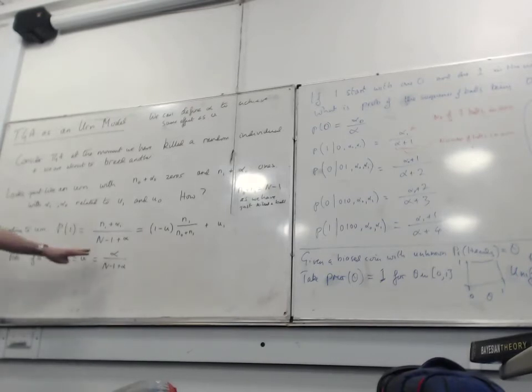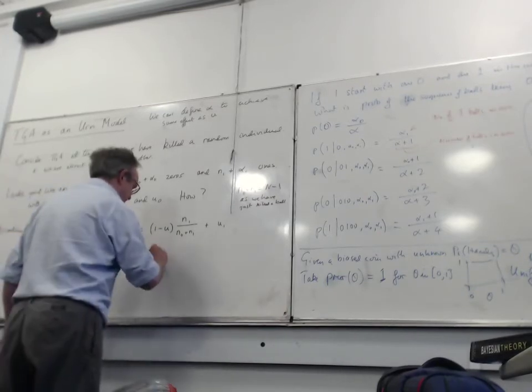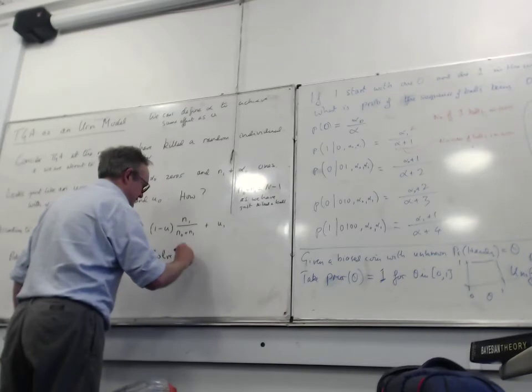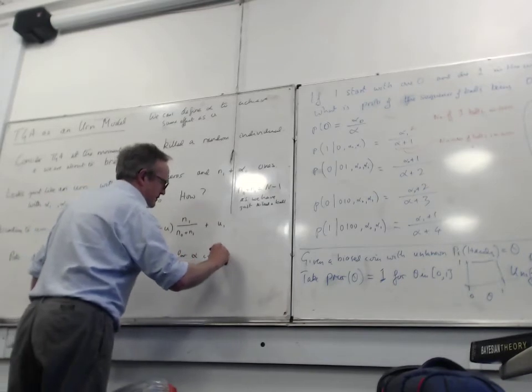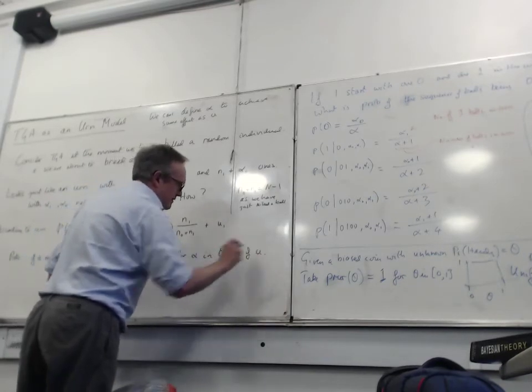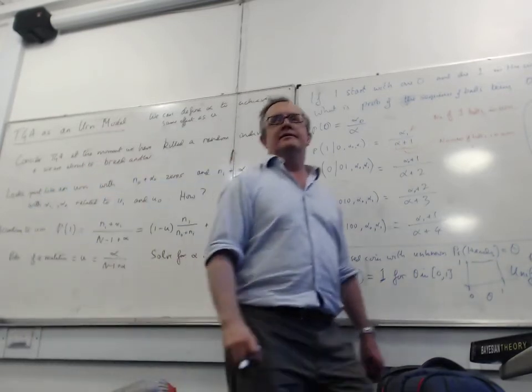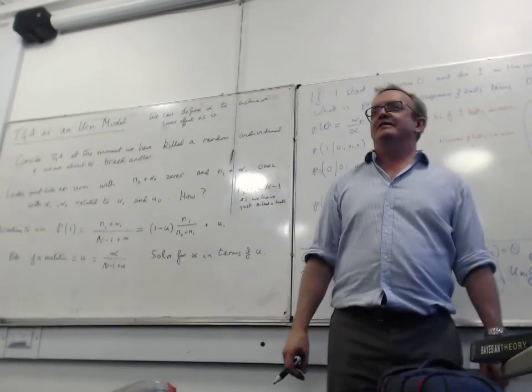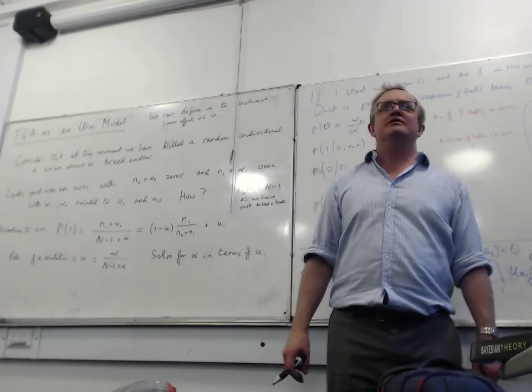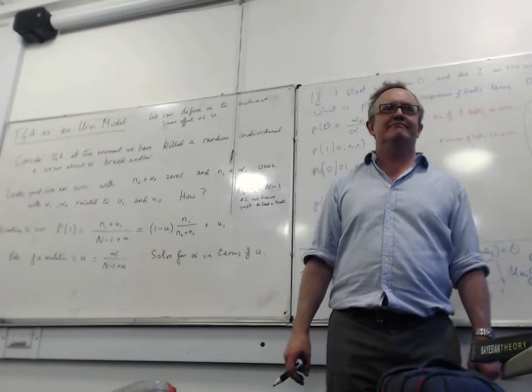I know what. You've all been copying stuff down. I'm going to make you do this, then I'm going to do it. Let's see if we get to the same result. So what is alpha? Solve for alpha in terms of u. This is a small algebra problem for you guys. Is that okay?